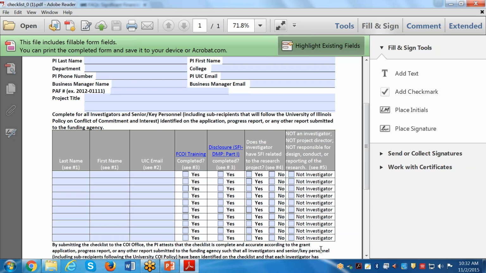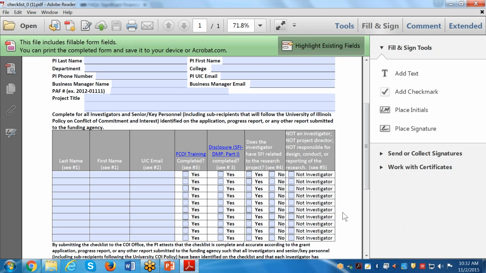But if we look at the process and we do our review, so you submit this to us and we go into the application and look at your list of senior key and what you've put down in descriptions about the individuals. If we find information that leads us to think that the person may have a responsibility for design, conduct or reporting, then we will come back to you and ask for clarification about that person's role in the research.